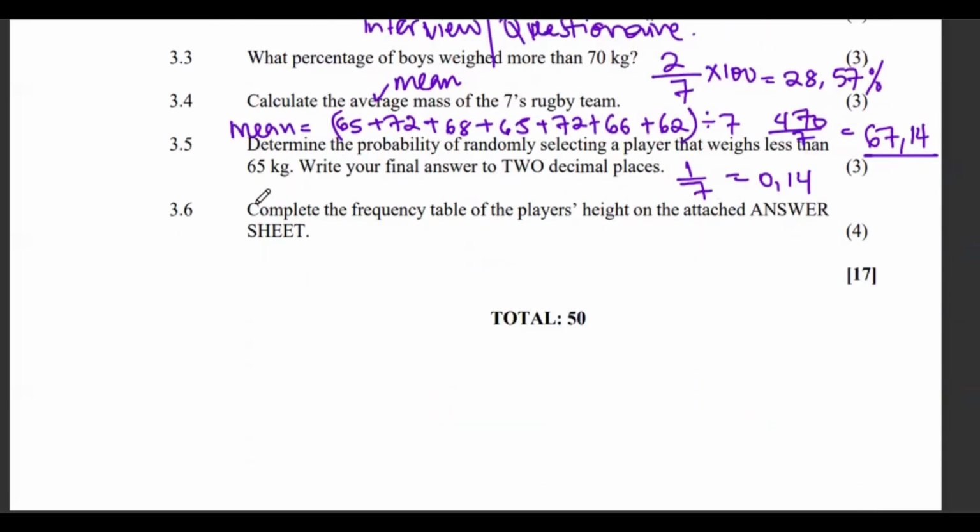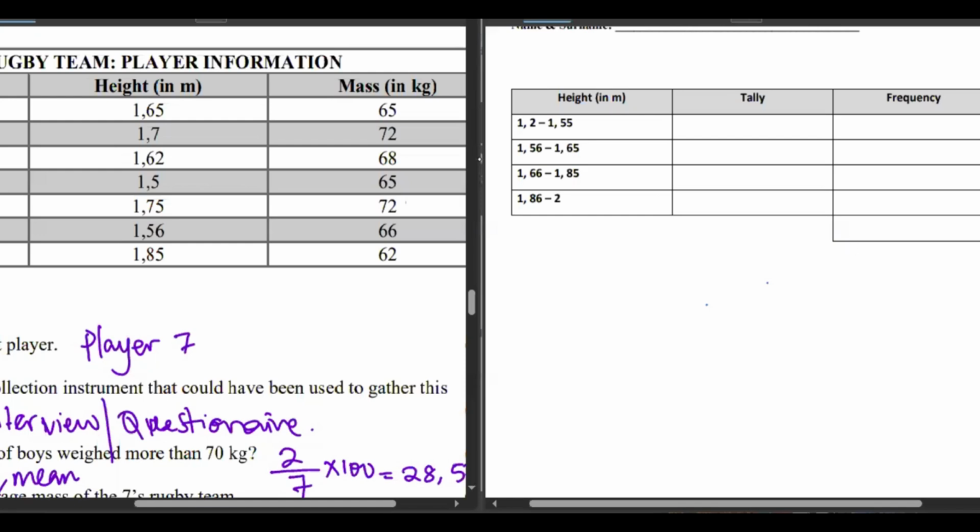Complete the frequency table of the players' height on the attached answer sheet. All right, they want us to fill in the frequency table here. Now, this is about the height, so we shall only look at the heights.